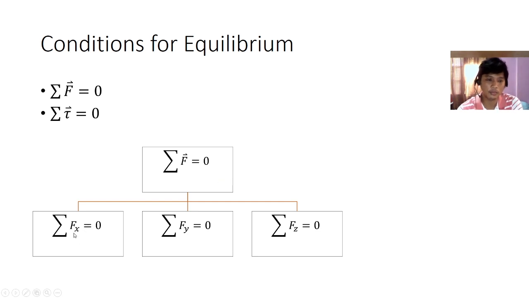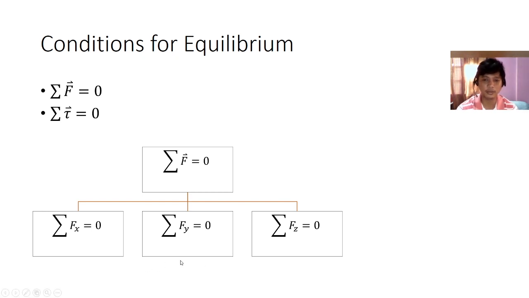The sum of all the x components is equal to zero, and the sum of all the y components of the forces is equal to zero. And if it is a force that acts in three dimensions, the sum of all forces along the z must also be equal to zero.